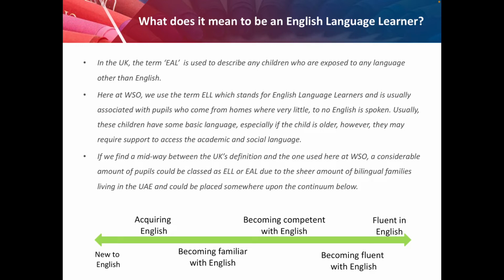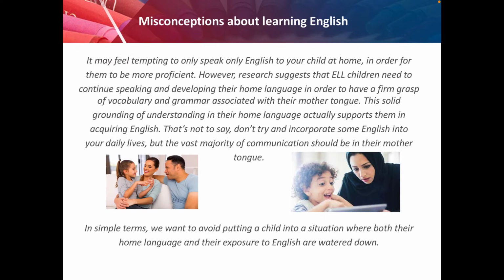The diagram below shows that we have a range of pupils in our school that may be very new to English, maybe acquiring English, becoming more familiar, all the way to being competent and fluent in their spoken English.